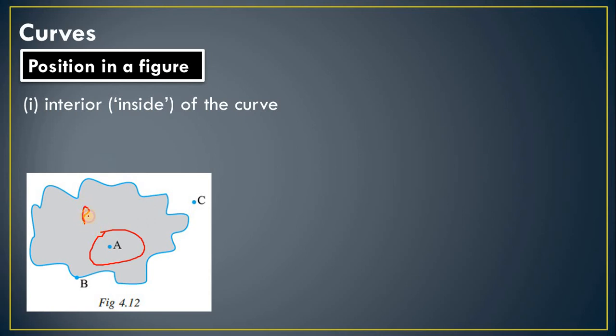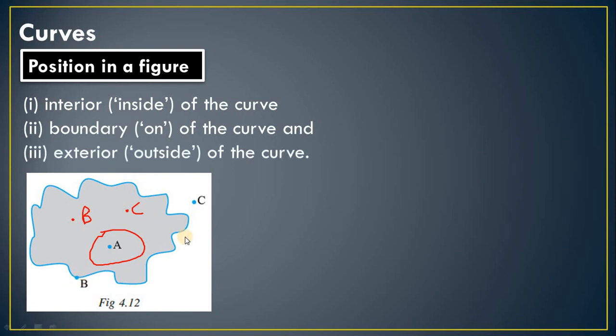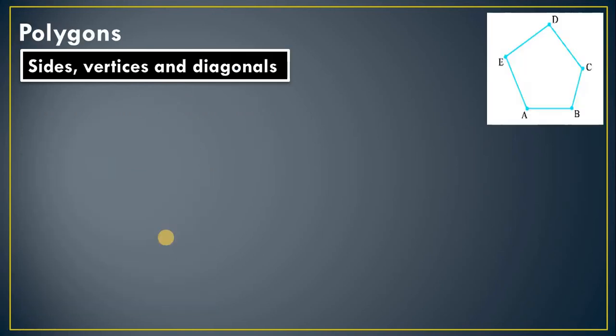You can draw many points like B also, or C. It depends on you. Here C is outside the figure, outside the curve, so that is the exterior point. And if it is on the boundary, like B, that is the boundary of the curve. The third one is exterior, as I told you, meaning outside the closed curve.